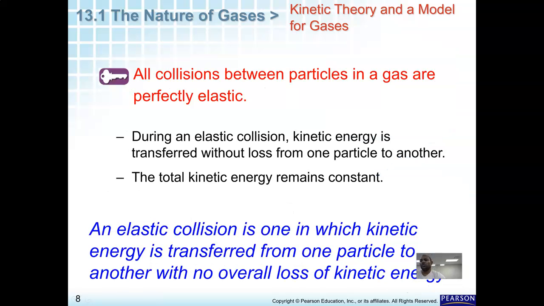All collisions between particles in a gas are perfectly elastic. When two objects collide, there are two types of collisions in general. Sometimes objects collide and then they move apart after collision. Sometimes objects collide and they stick together after collision.